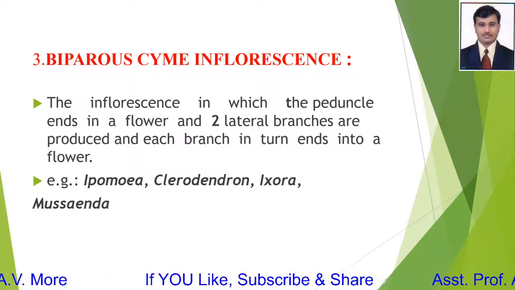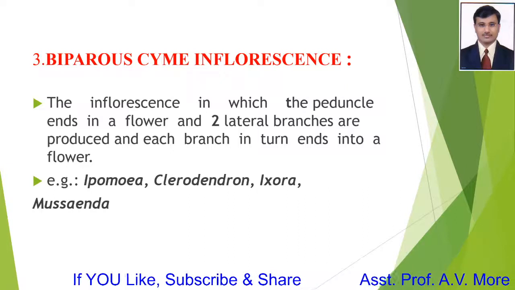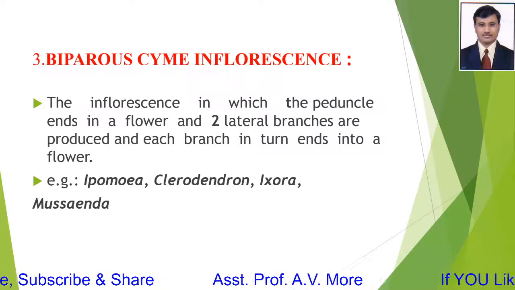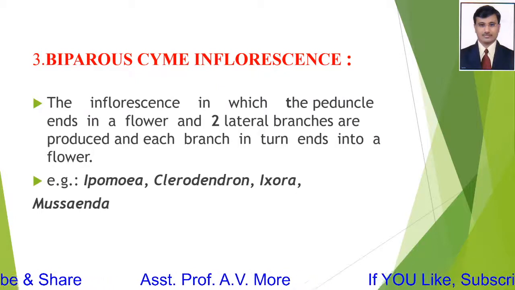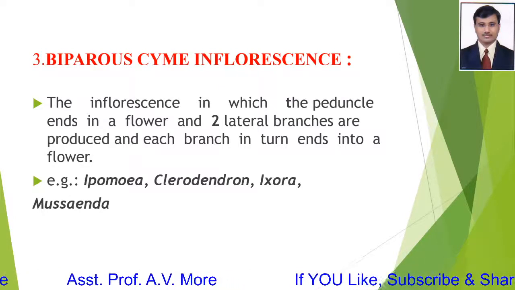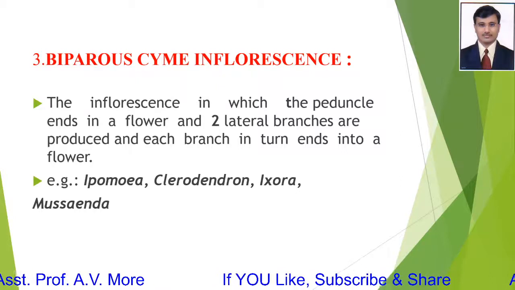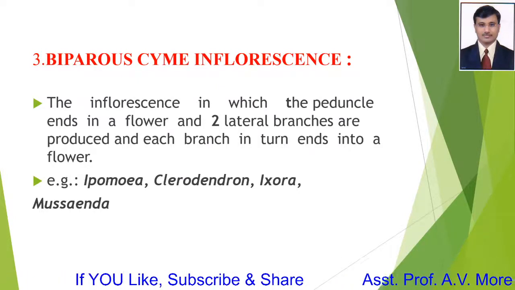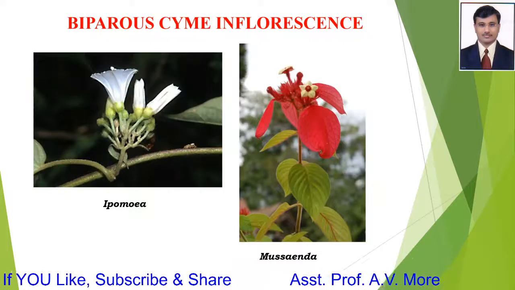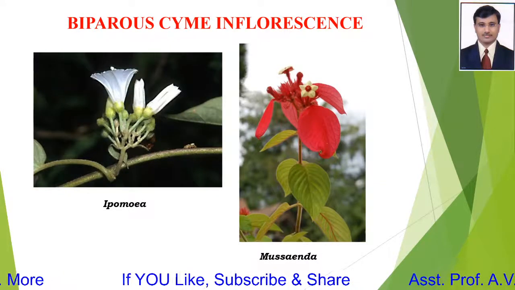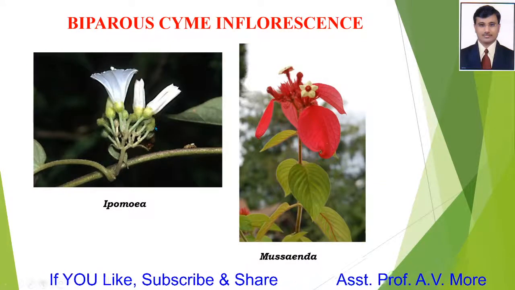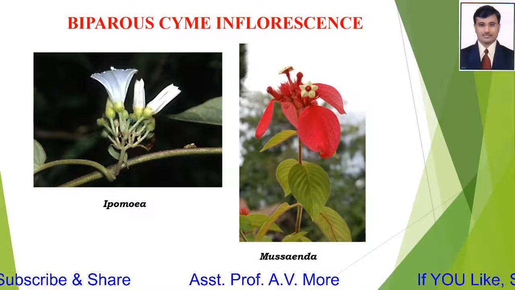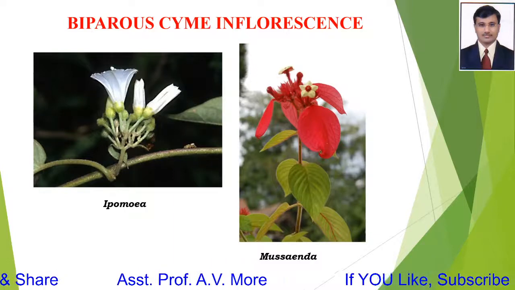For example, Ipomoea, Clerodendron, Ixora and Mussaenda. This type of inflorescence we call biparous cyme inflorescence.